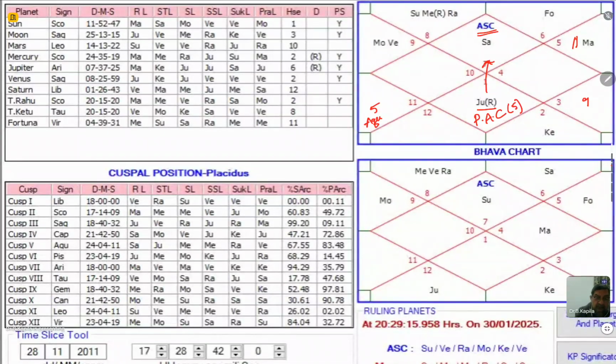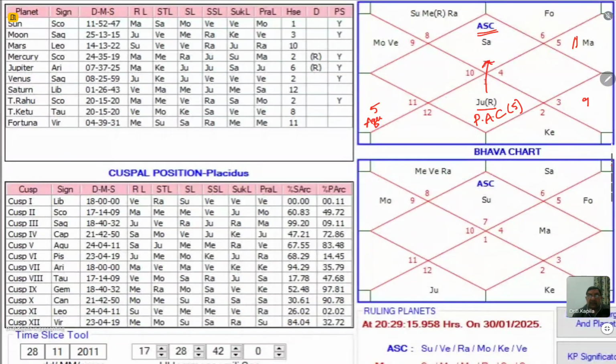what is the dasha, bhukti, and antara running at this period of time, which is 28th of November 2011. When I click it, I get Venus Dasha, Mars Bhukti, and Rahu Antara. For the time being, I will not take into account the Sukshma and Prana.